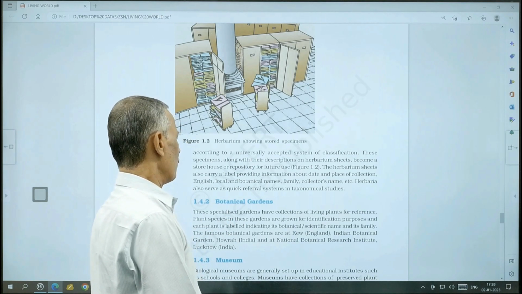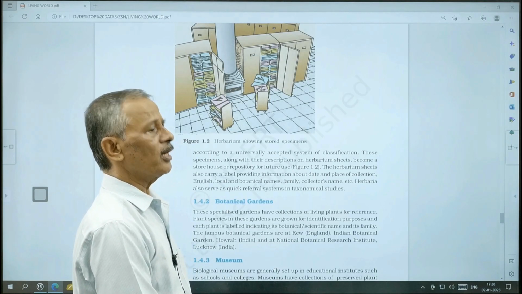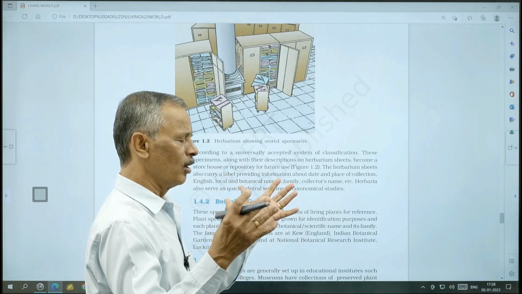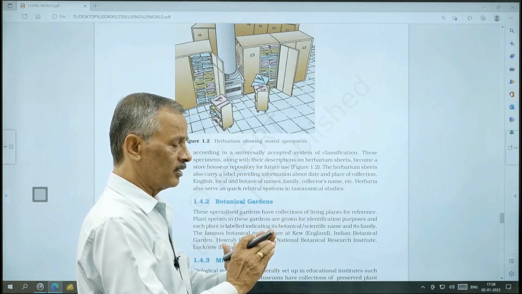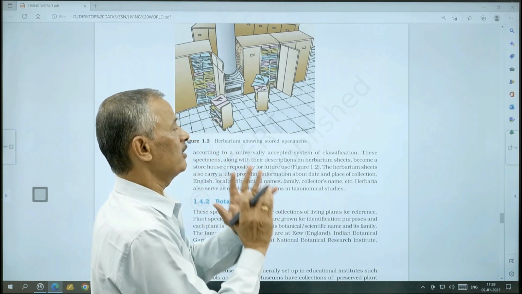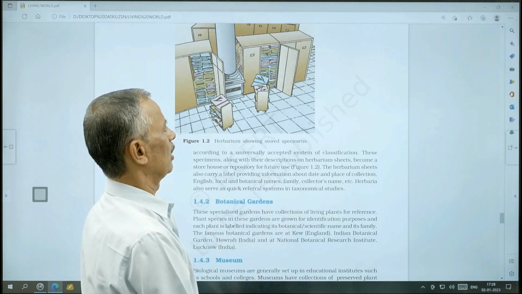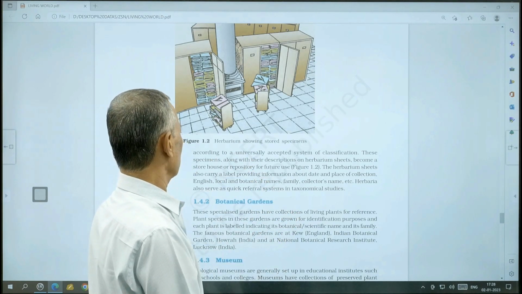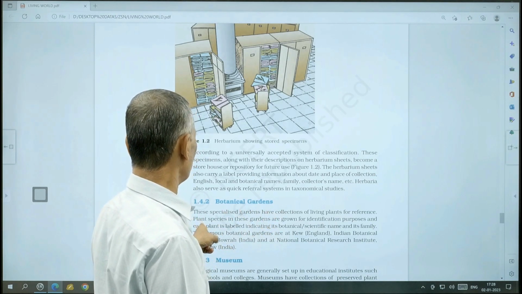The second one is the botanical garden. A botanical garden is a place where plants from different parts of the world are preserved in living condition. They are protected and grown under human management. So botanical gardens are collections of living plants for reference.